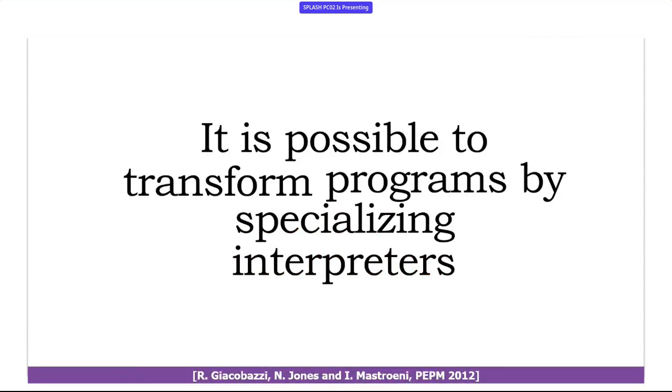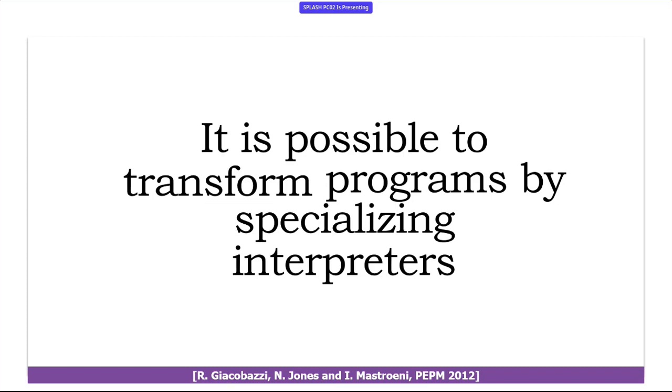The second observation is a connection between obfuscation, transformation, and the specialization of programs and interpreters. In particular, it is possible to transform programs in a way which preserves semantics by specializing the interpreter on the program.